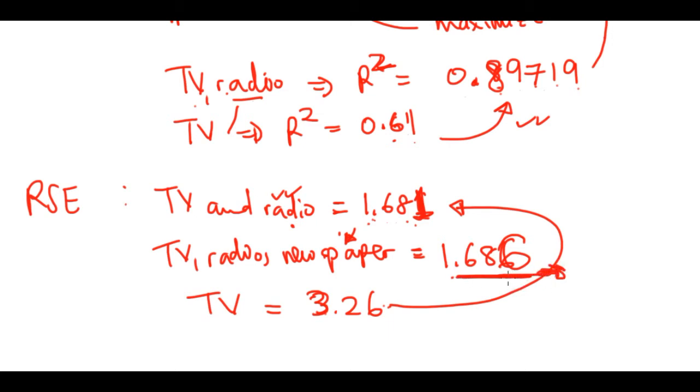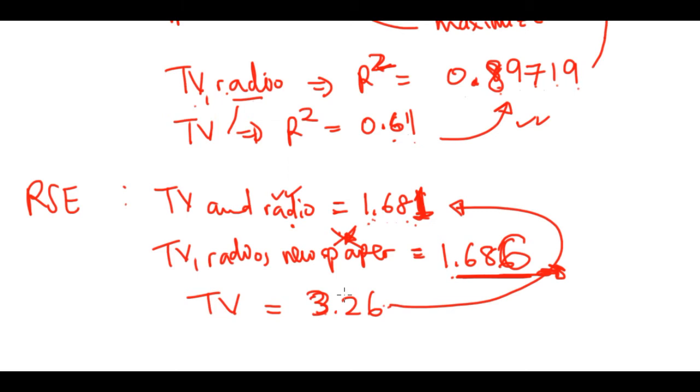So you can see that this corroborates the previous conclusion that a model that uses TV and radio is much more accurate than one that uses TV spending only, and better than the one that uses all three, that includes newspaper.